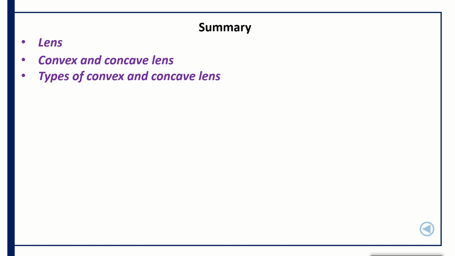We learnt about different types of convex lens like biconvex, plano-convex, concavo-convex, and concave lenses like biconcave, plano-concave, and convexo-concave.